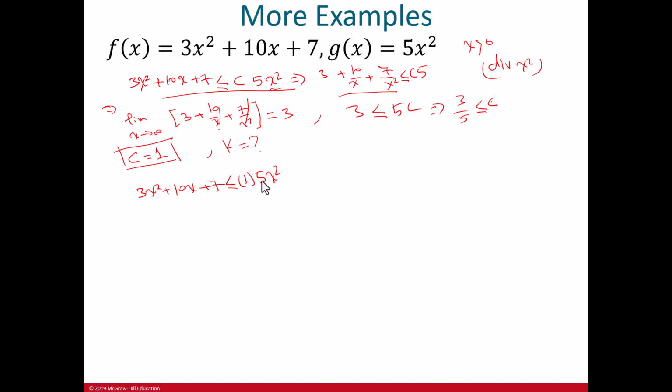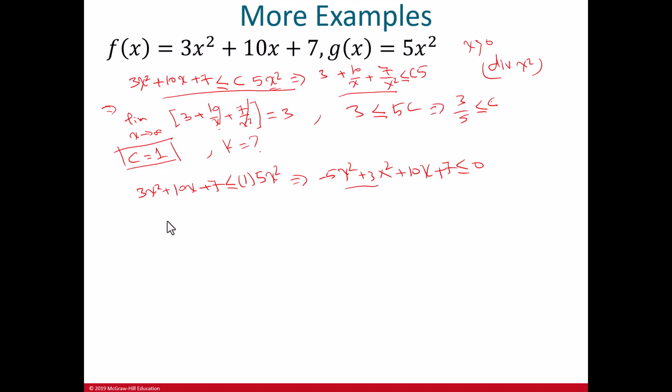Okay. So I'm going to add negative 5x^2 to both sides. When I do that, it will be something like this: negative 5x^2 plus 3x^2 + 10x + 7 less than or equal to 0.